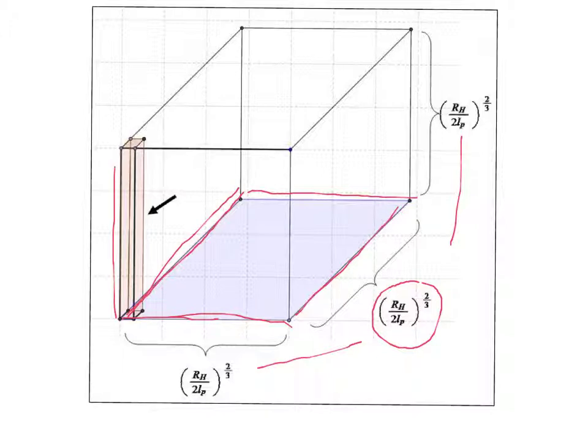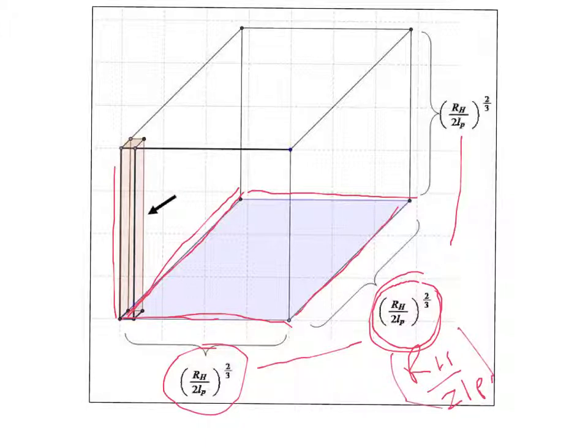We would just take one side times another side, and it gives us r sub h over 2lp to the 4/3 power. That's the number of particles in the observable universe. And what we're saying is that if we take a column at any point and crush it all the way down, and put all of the SEQ along that dimension into the bottom, we would have the conserved angular momentum.